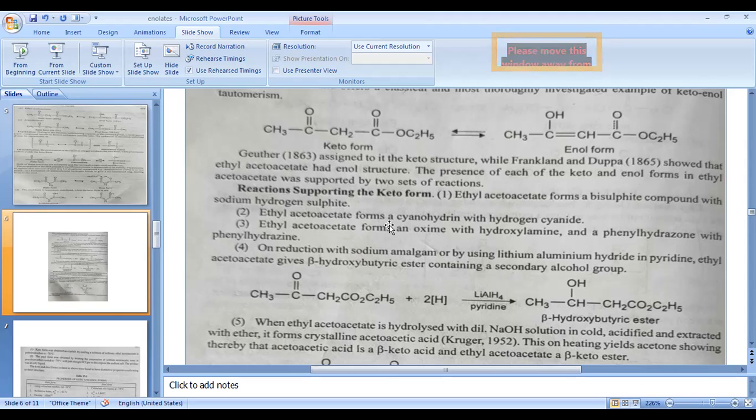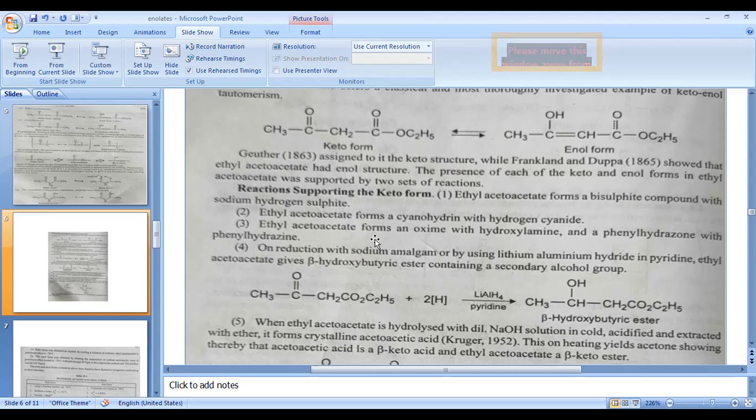Next, ethyl acetoacetate forms a cyanohydrin with hydrogen cyanide. This reaction again suggests that this compound contains a keto group.